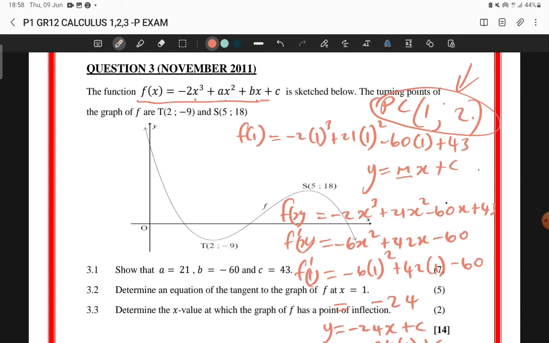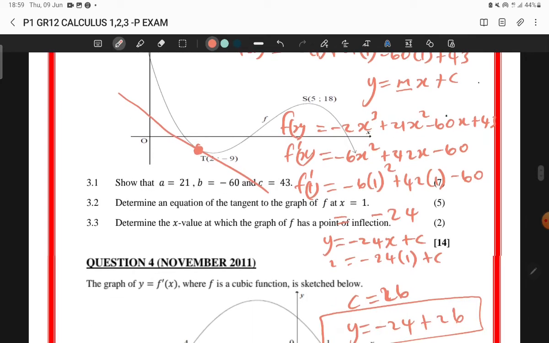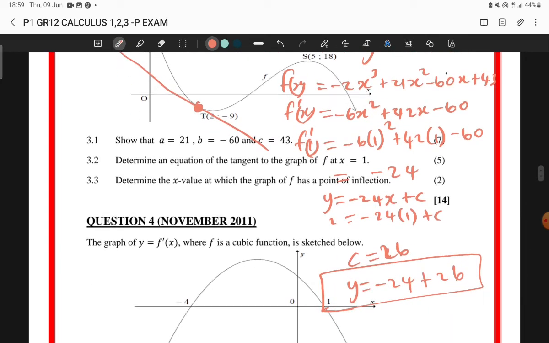Then after that, you calculate the gradient, which is the derivative of the function, and you use it as the gradient of the tangent, because you know that the gradients are equal at the point of intersection. For example, if you have this tangent and this is the point of contact, at this point the gradients of these two functions are equal to each other. So this is just it.